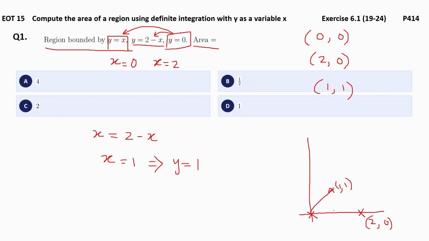Can you notice the shape of the enclosed region? Yes, it's a triangle. So what is the formula of the area of a triangle? In your small classes you have learned. Very good. It is half base into height. You can identify the distance of the base and also the height from the given coordinates.